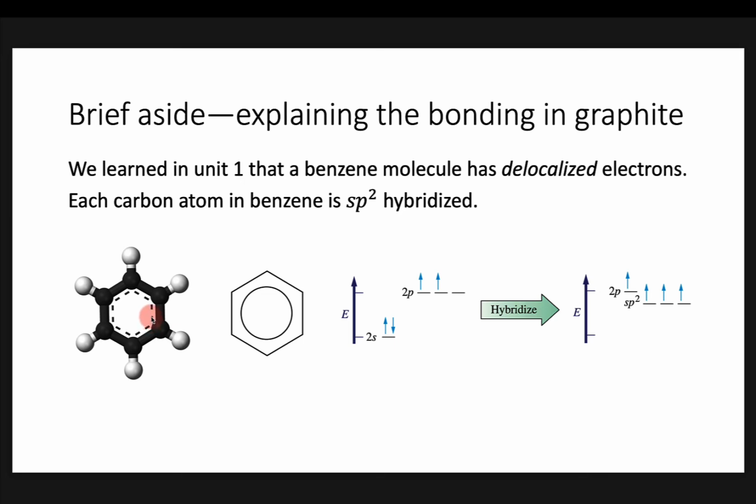The correct way to draw benzene instead is to draw single bonds between all of the carbon atoms, and then the electrons that would make up the double bonds are delocalized, meaning that they are shared evenly between all of the carbon atoms. So they're spread out across the molecule.